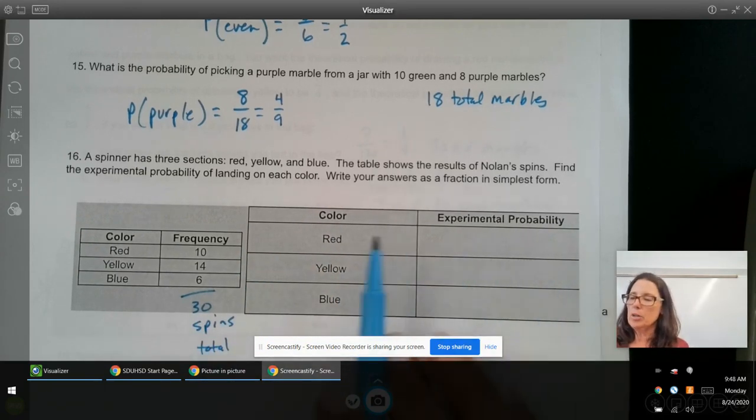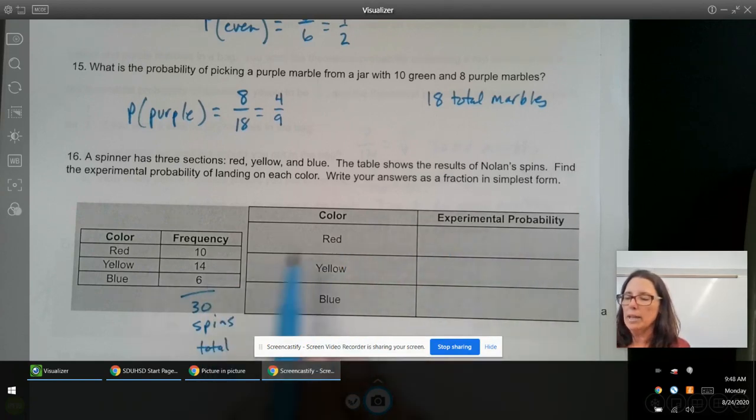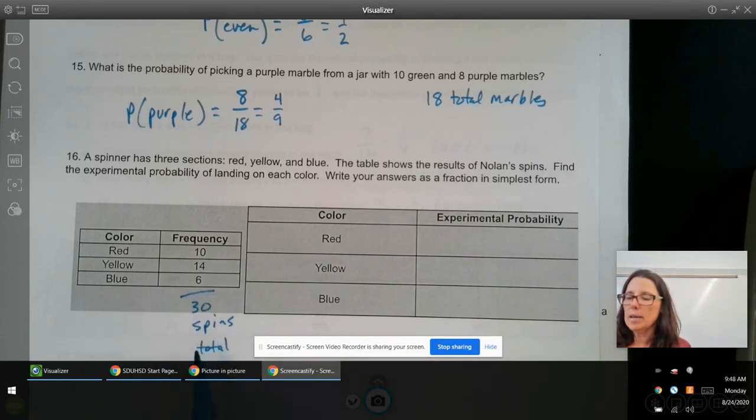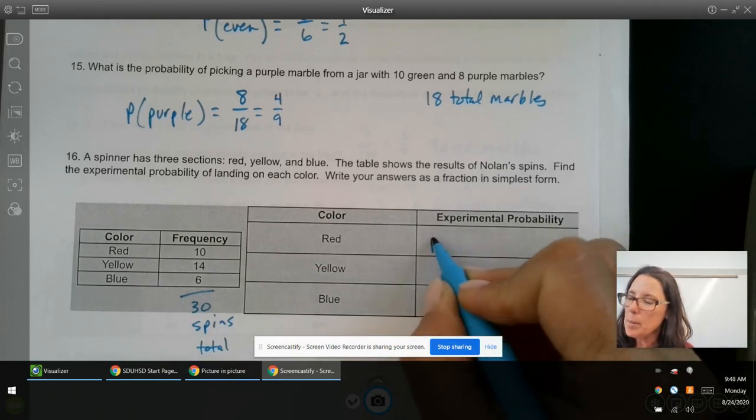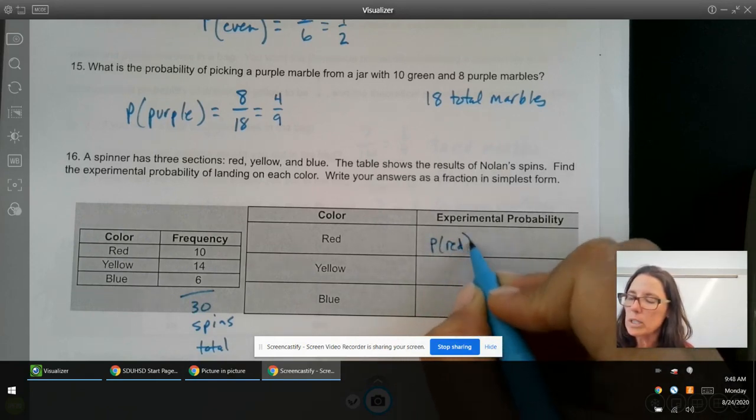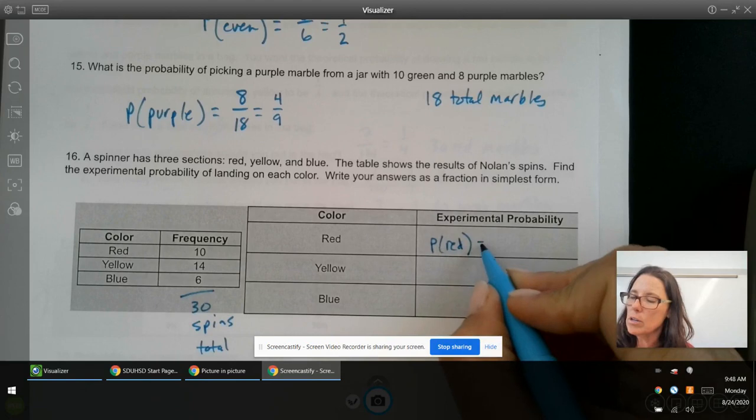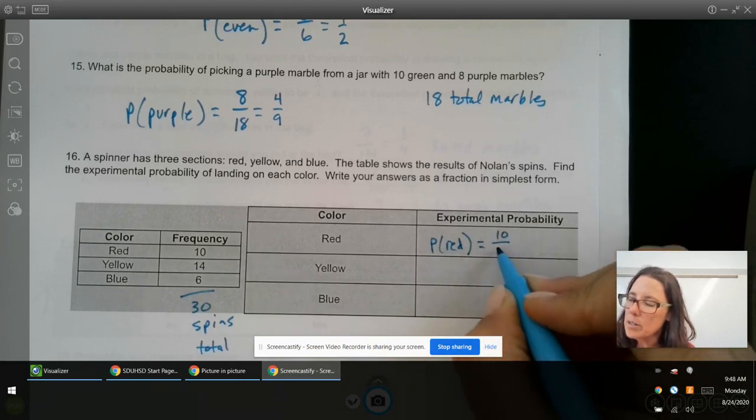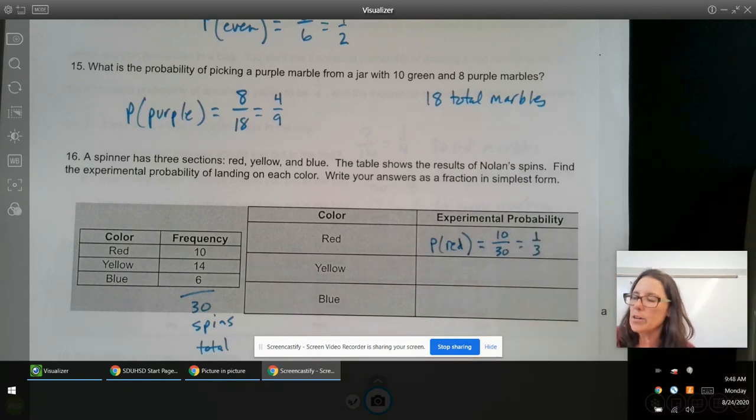The experimental probability of getting a red would be 10 times out of the 30. Probability of red, remember we're going to be really official with our notation. 10 times out of 30 reduces to 1/3, a fraction in simplest form.